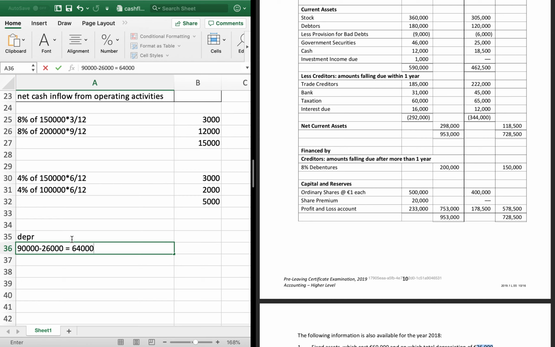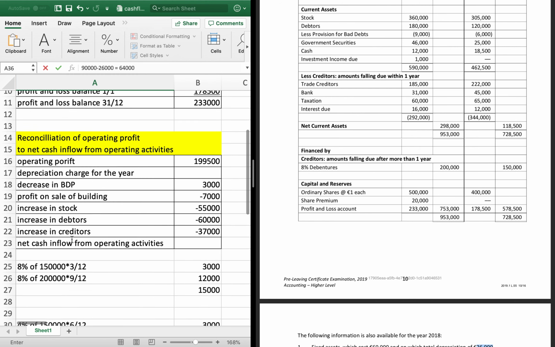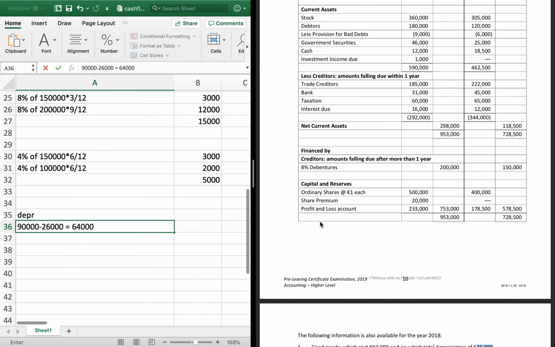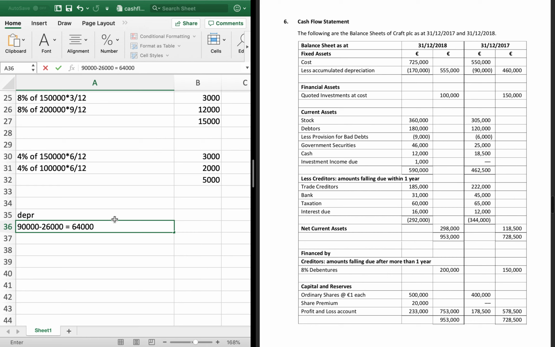And it's gone from 64,000 up to 170. So plus what number is 170? Because last year's number plus the charge for this year has to be this year's number.